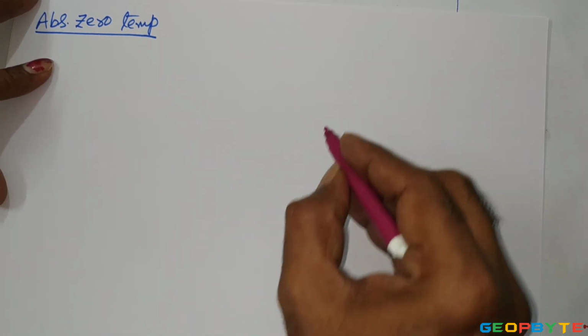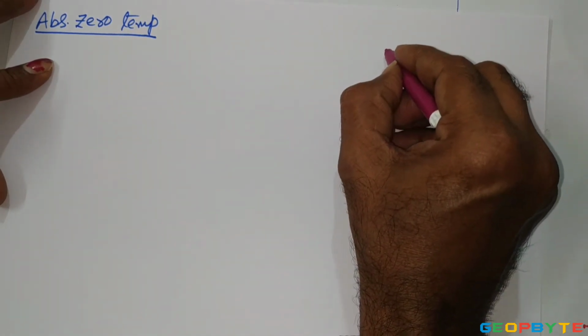Absolute zero temperature means the temperature at which the molecular momentum is zero. The temperature at which the molecular momentum is absent is called absolute zero temperature. That absolute zero temperature can be found like this.